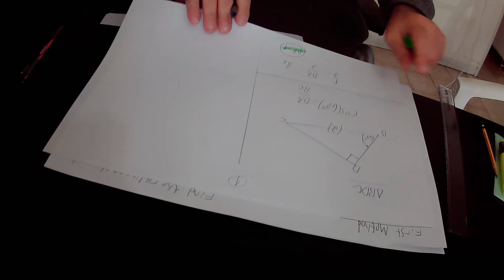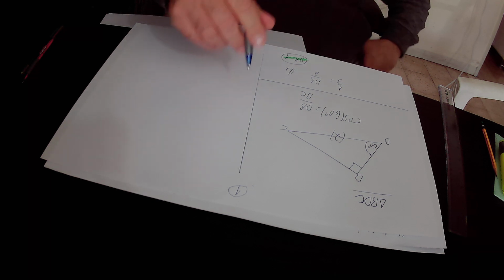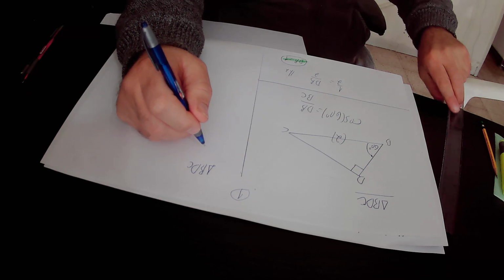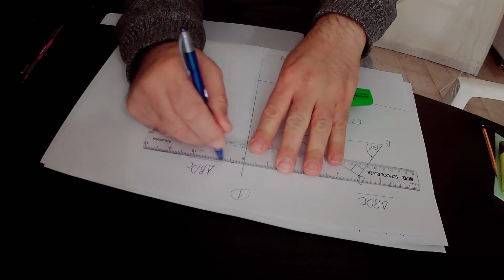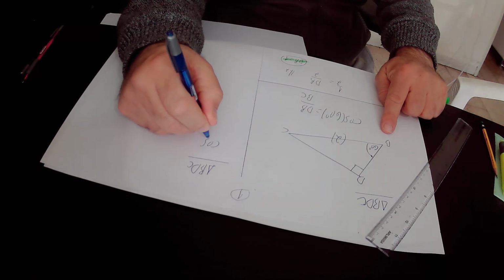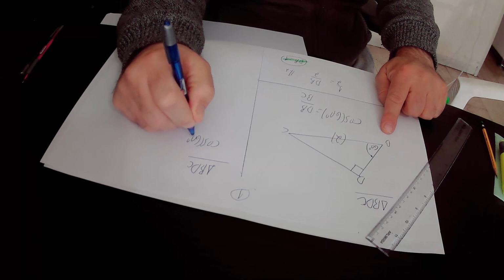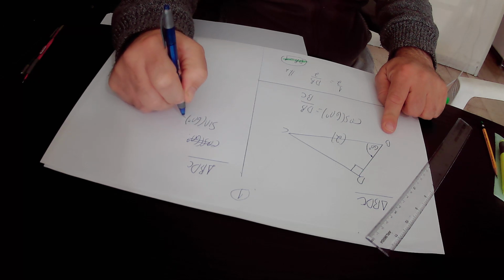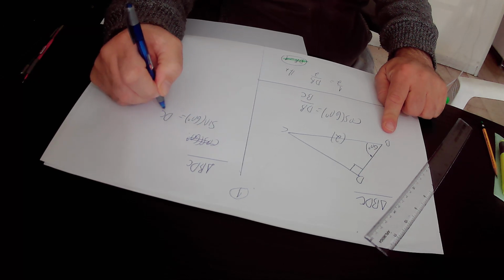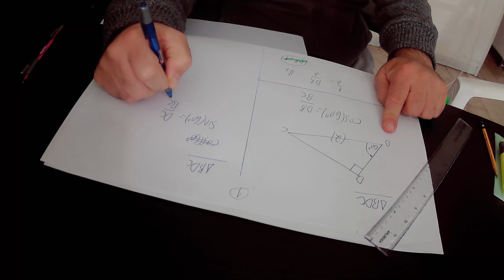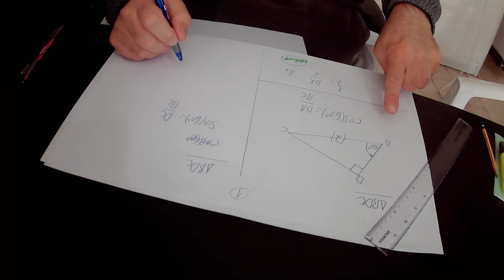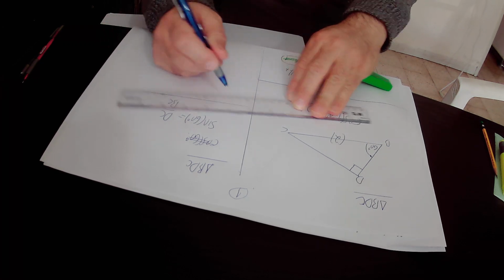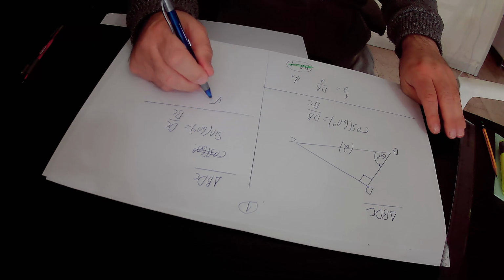We'll continue to focus on this right triangle BDC. On the right triangle BDC, sine 60 degrees equals DC over BC. Sine 60 degrees is square root of 3 over 2.